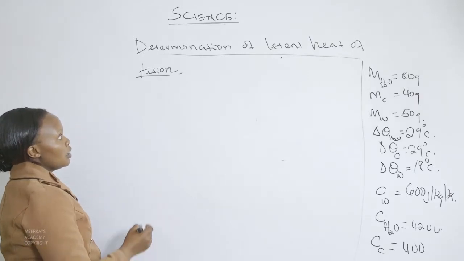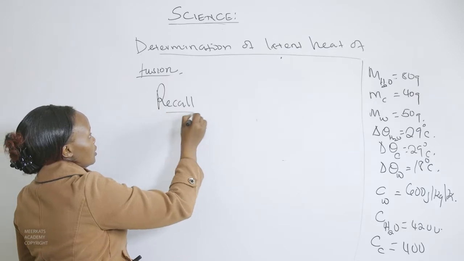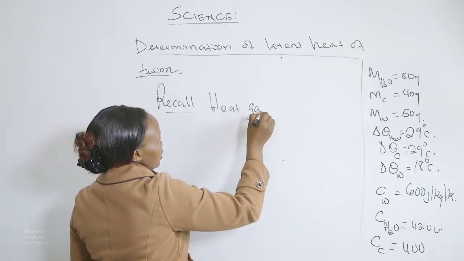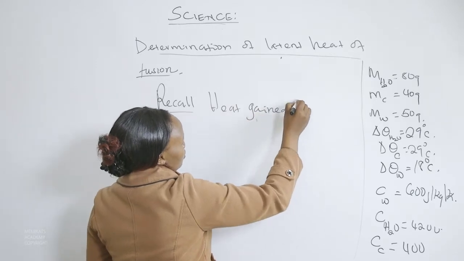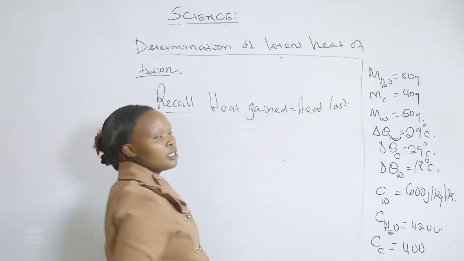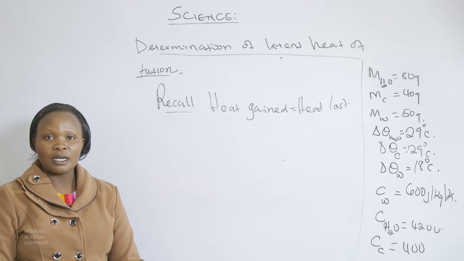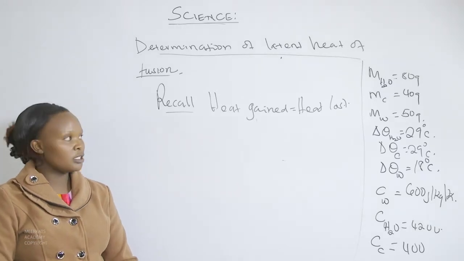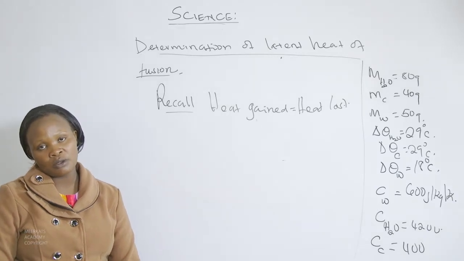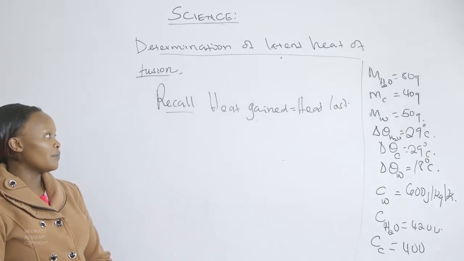Now, always recall that heat gained is always equal to the heat lost. Remember that heat is actually a form of energy, and by the law of conservation of energy, we cannot create or even destroy energy, but only transform it from one form to another.